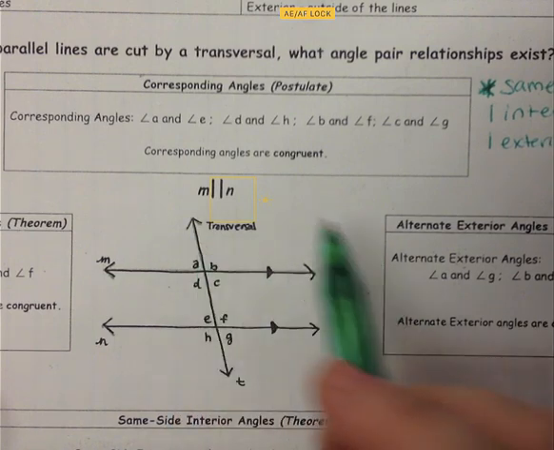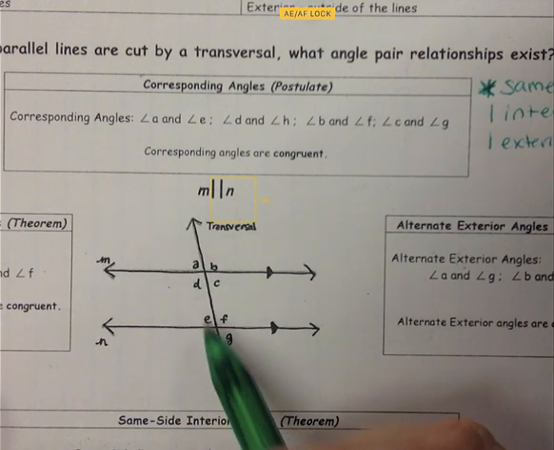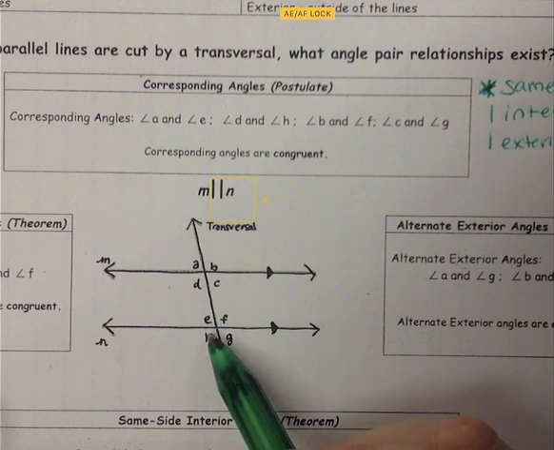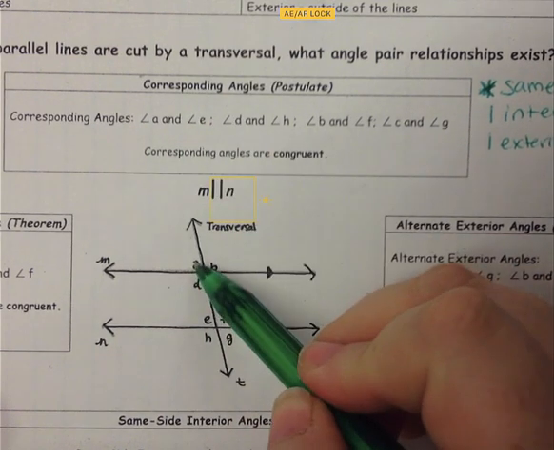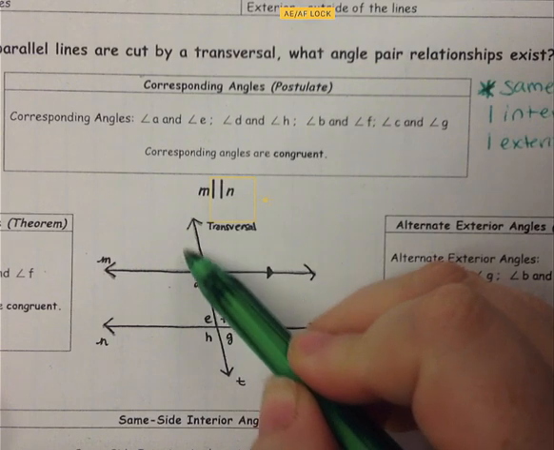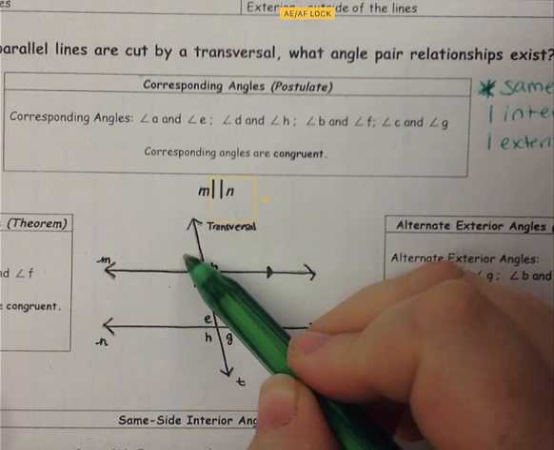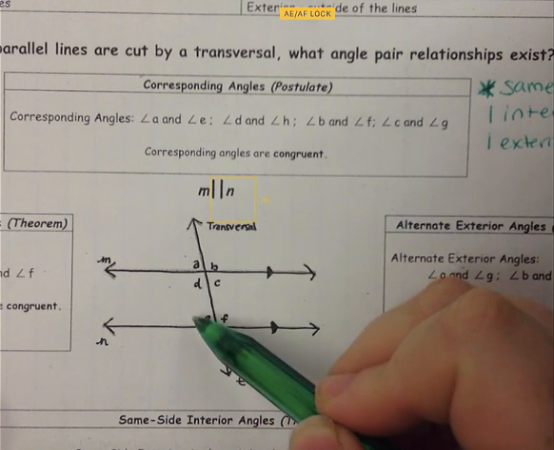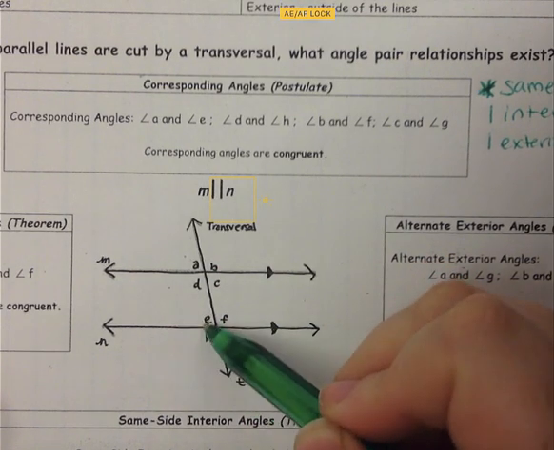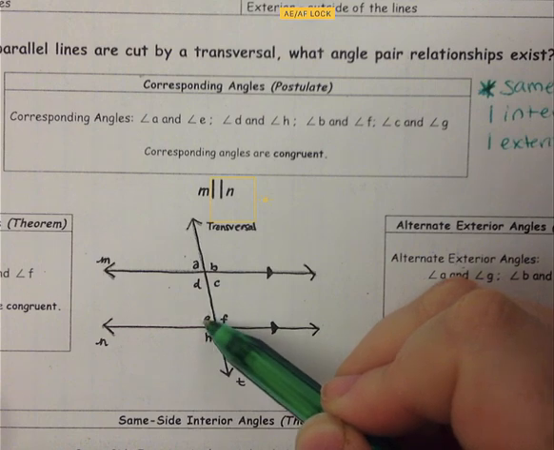So to have corresponding angles, we have the same side, and one is on the inside and one is on the outside. Angle A is on the outside of the parallel lines, on the left, so it's basically on the top left. If you go down to line N, angle E is also on the top left.